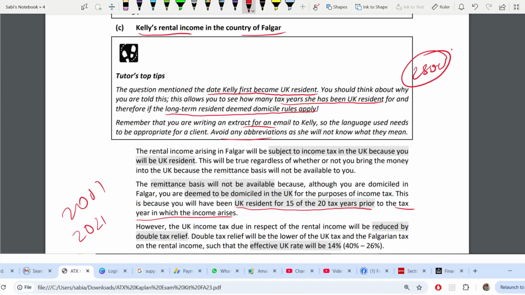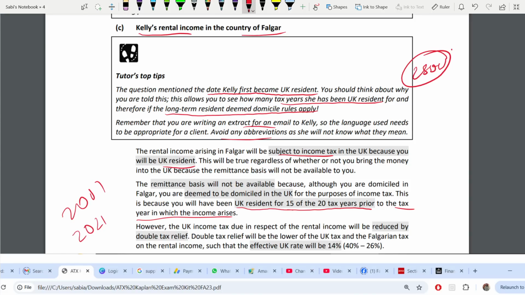Out of this, for 15 years he was a UK resident, right? That's why he will be charged to UK tax. So that's why the rental income will be subject to income tax in UK, because he's a UK resident.